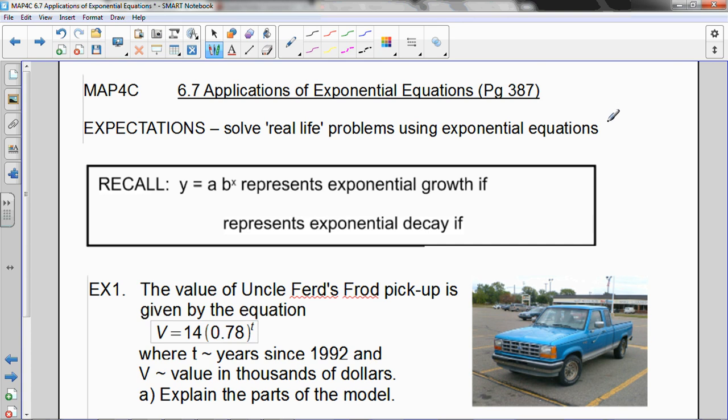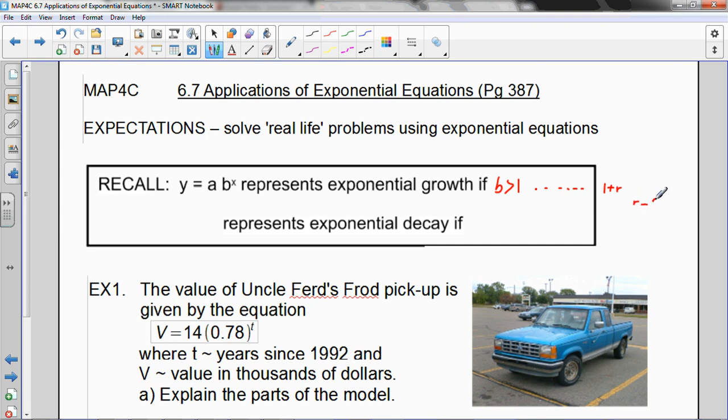Dandy. Okay, there's an exponential model. We saw this last chapter, and we did regression and all that business. It represents exponential growth if b is greater than 1, right? If the base is greater than 1, then it's growing. And we actually thought of this as 1 plus r, where r was the growth rate, right?